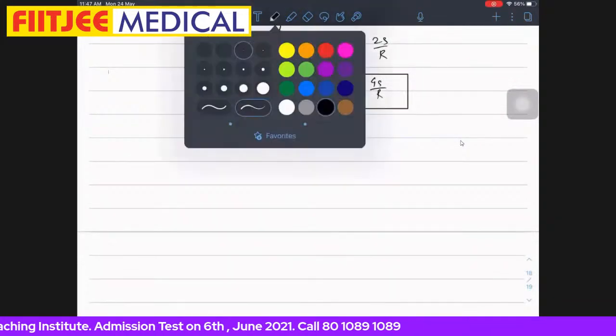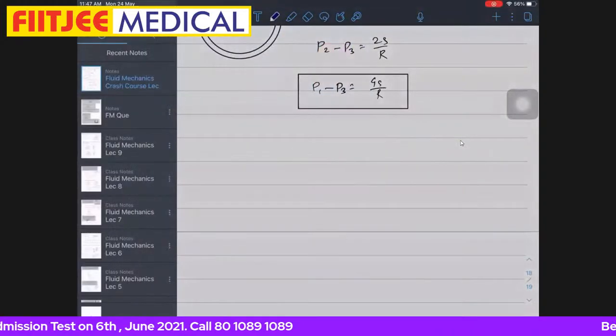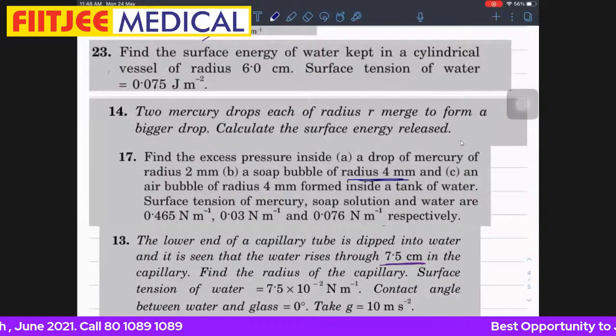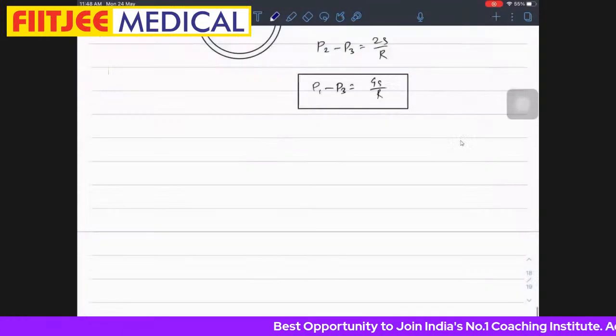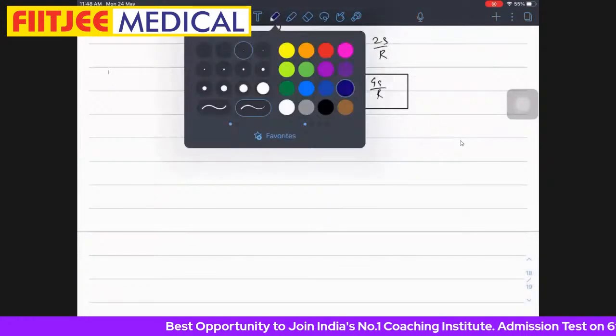After this, we will go for capillary rise. So what is capillary rise?